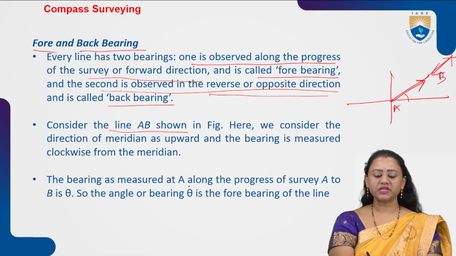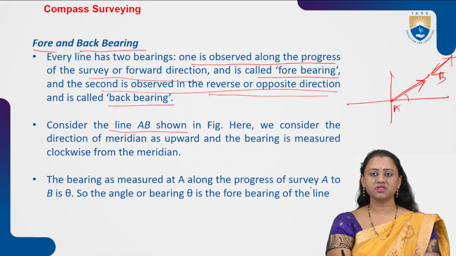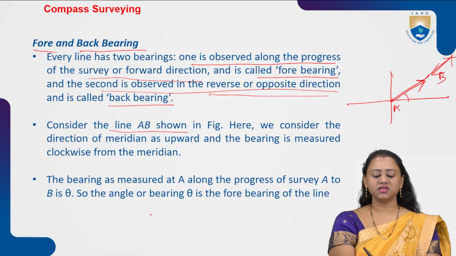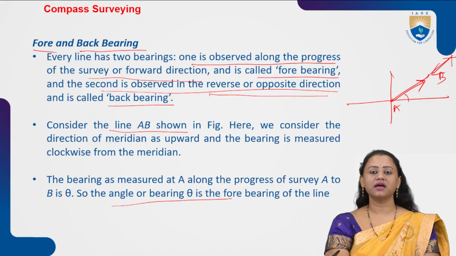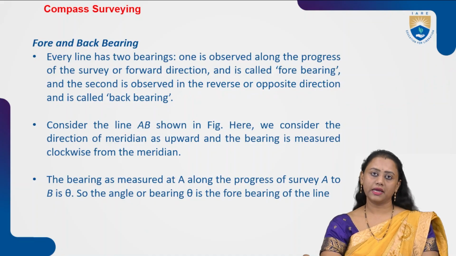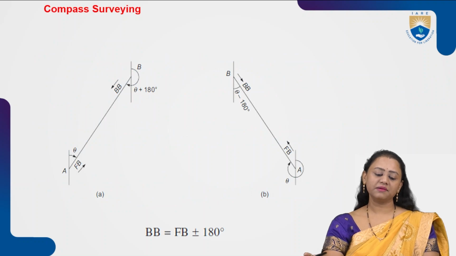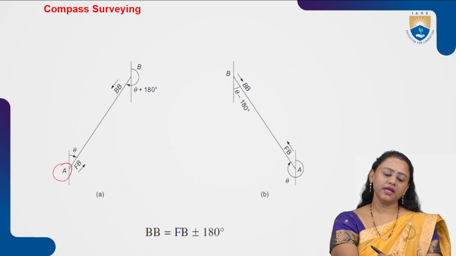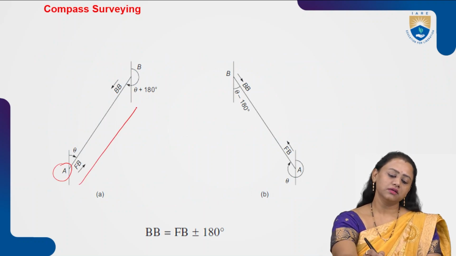So the bearing is measured at A along the progress of the survey A to B, and that is theta. So the angle of bearing theta is the fore bearing of the line. With the help of this diagram, you can see at point A, this is the survey line.